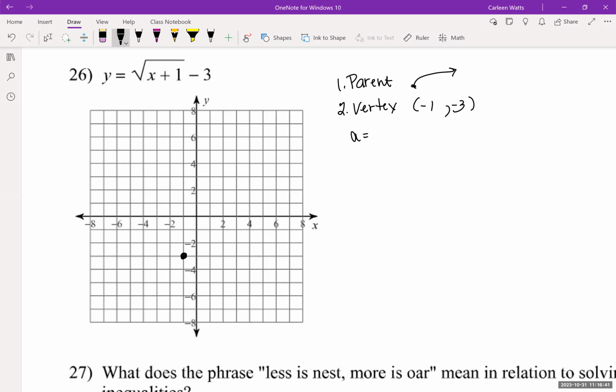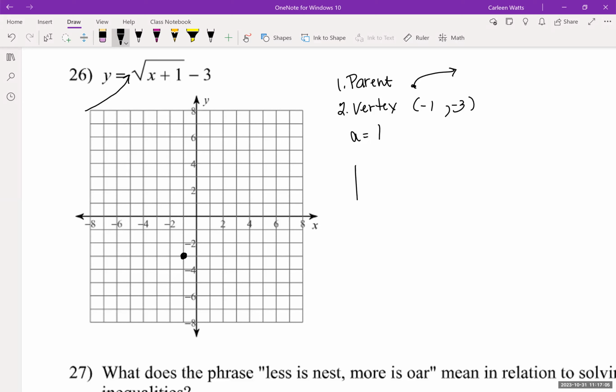What does A equal for this square root function? What is the coefficient in front of the square root? Careful, 0 would make it disappear, right? 1.